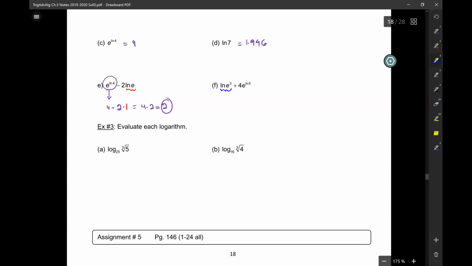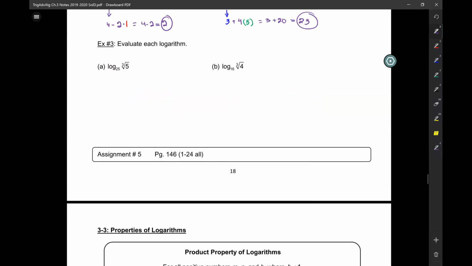What's ln of e cubed? 3. Plus 4 times e to the ln of 5, which is 5. So this is 3 plus 20, 23.